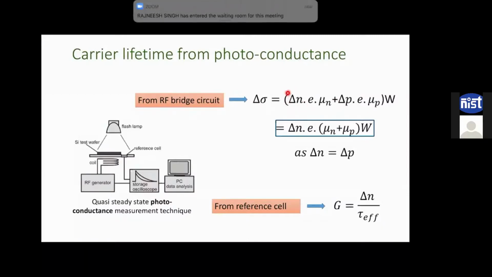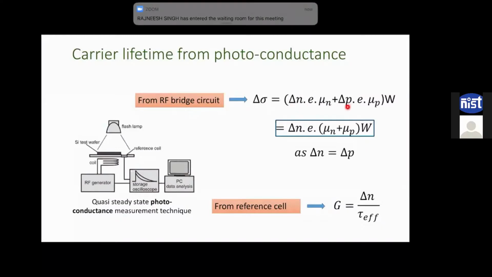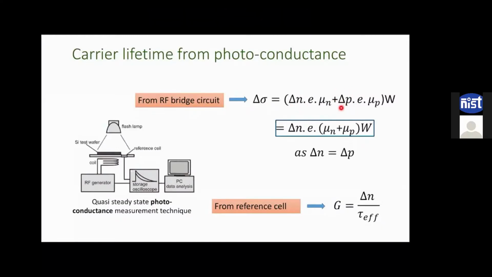So this is the number of excess photogenerated electrons, and this is the number of photogenerated holes. W is the wafer thickness, q is the electronic charge, mu N is the mobility of the electrons in that particular silicon wafer, and mu P is the mobility of holes in that particular silicon wafer.